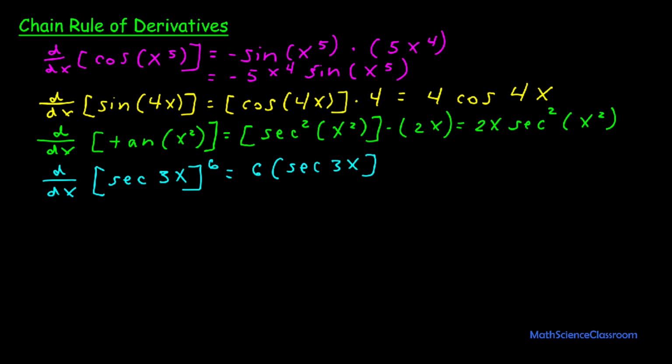And then it's 6 minus 1, which is 5, times secant 3x times tangent 3x times 3.